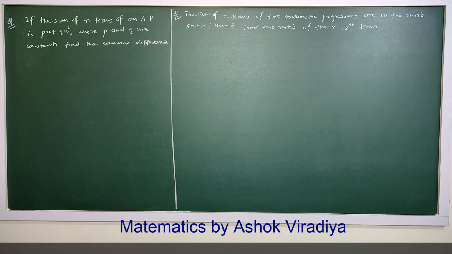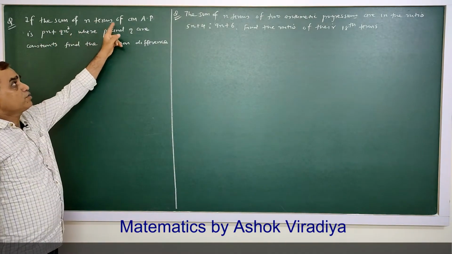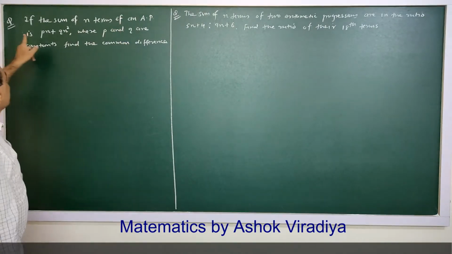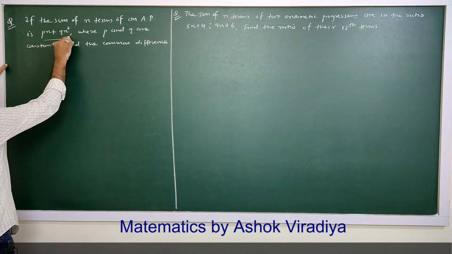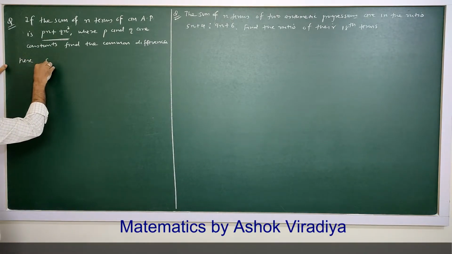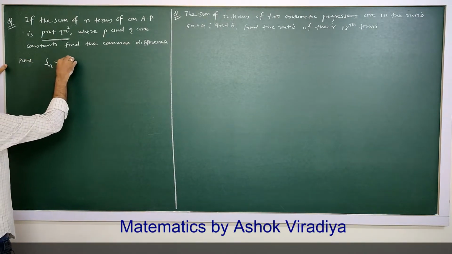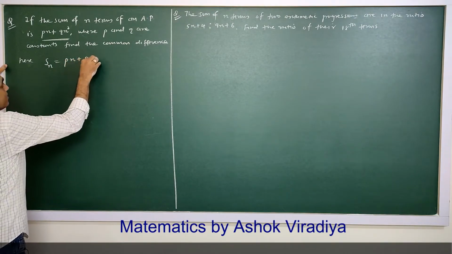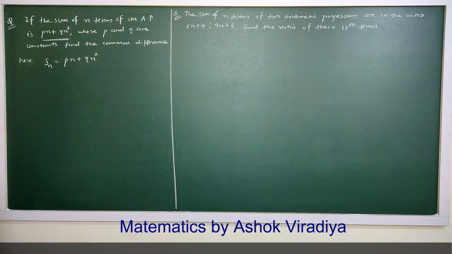Now the next question. If the sum of n terms of an arithmetic progression is Pn plus Qn square, where P and Q are constants, find the common difference. We want to find d.